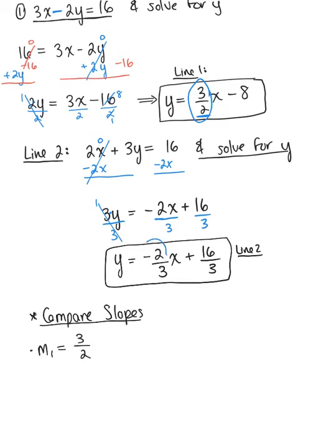And then the slope of the second line here is minus 2/3. So we can certainly see that they're not parallel here. These are not equivalent slopes. But they almost look like negative reciprocals of each other. So let's go ahead and check if they're perpendicular.